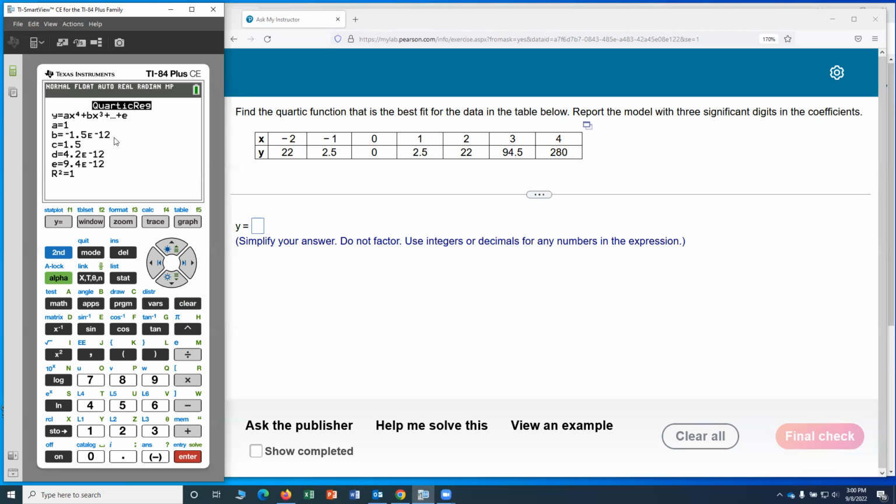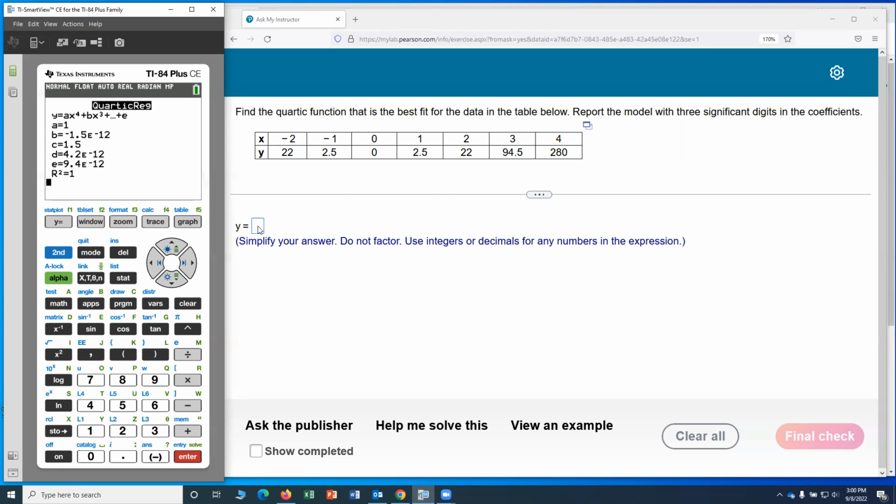That means times 10 to the -12th. So this would be -0.000000000015. So that 15 doesn't even happen until the 12th spot after the decimal. When that happens, that number is basically 0.